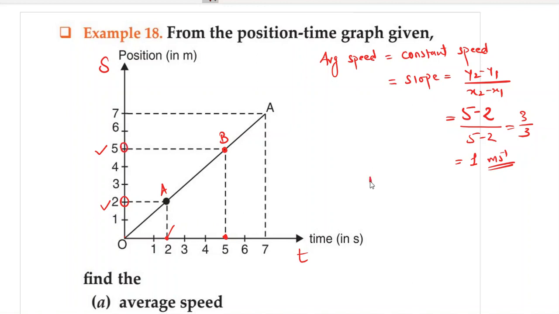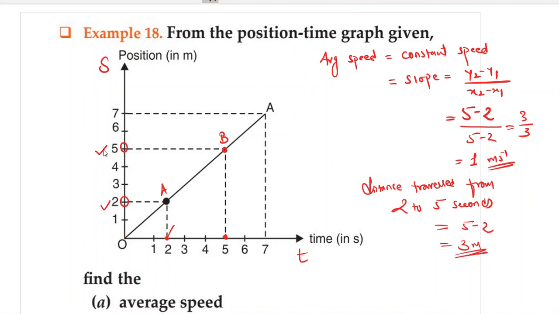So distance traveled from 2 to 5 seconds is equal to 5 minus 2, that is 3 meter, right?